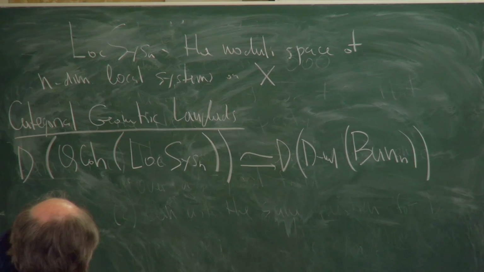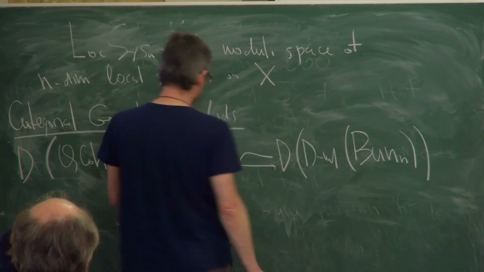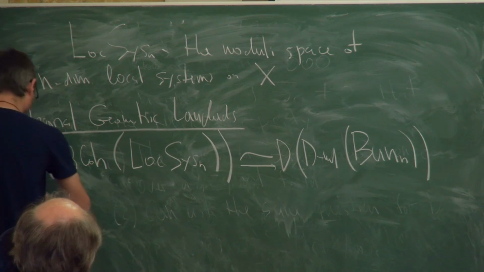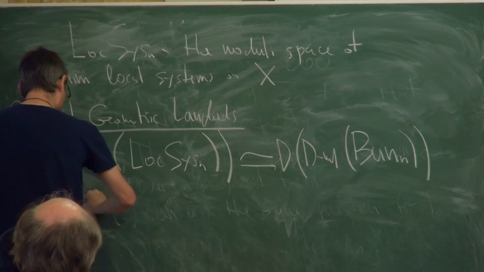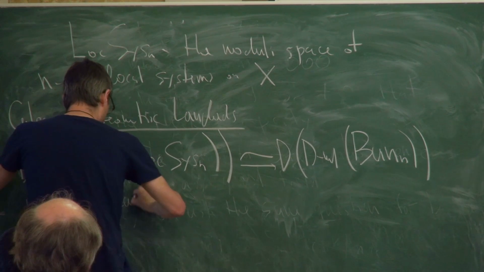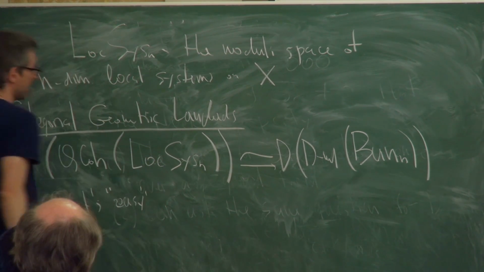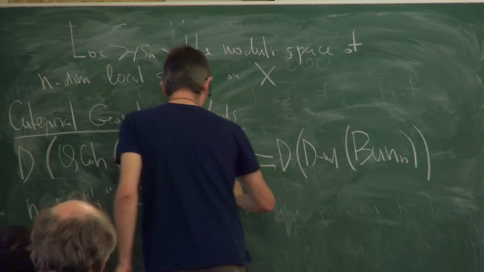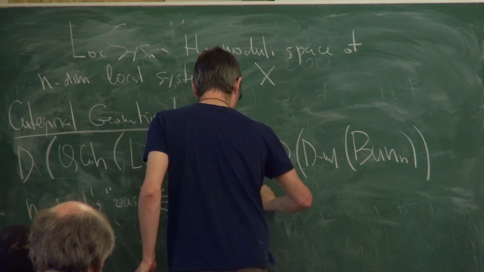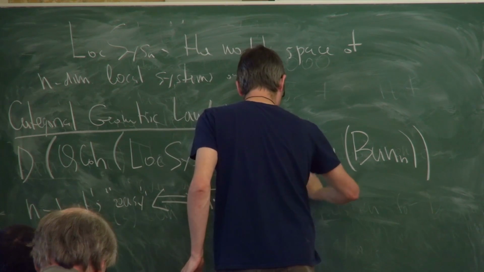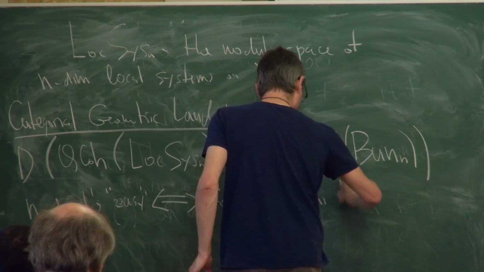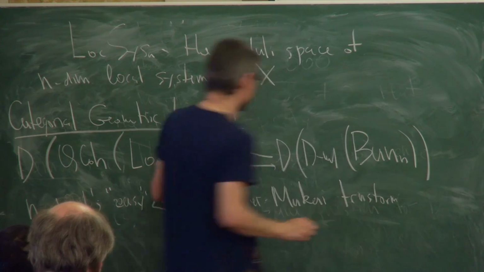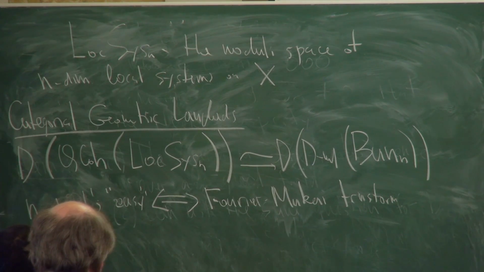This is a significant conjecture. Let me just say that for n equals 1, it's equivalent to the Fourier-Mukai transform. So in some way, this conjecture is a non-abelian version of the Fourier-Mukai transform.